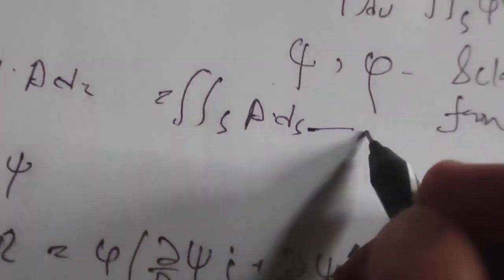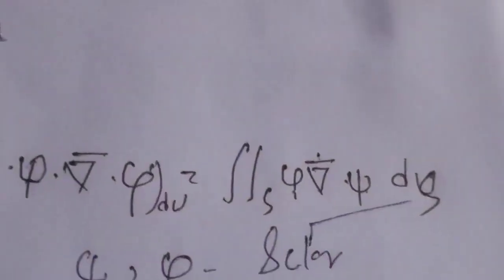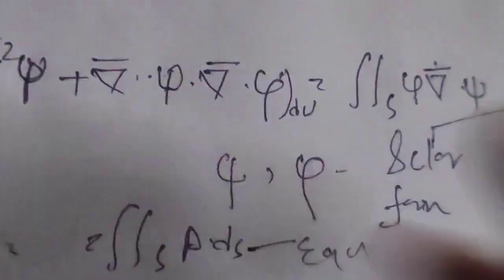This is our first form of Green's theorem. So this is the overall Green's theorem, which is very beautiful. And here phi and psi are scalar functions.